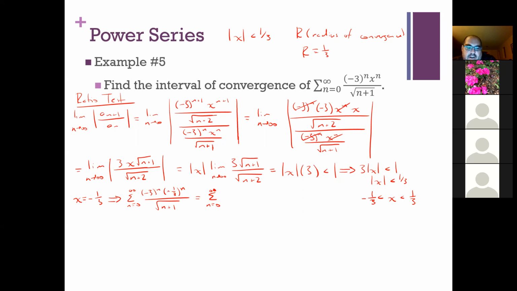This numerator simplifies: both are raised to the power of n, so I can multiply their bases together. That just becomes 1 to the n over radical n plus 1, or 1 over radical n plus 1. What does that series do?